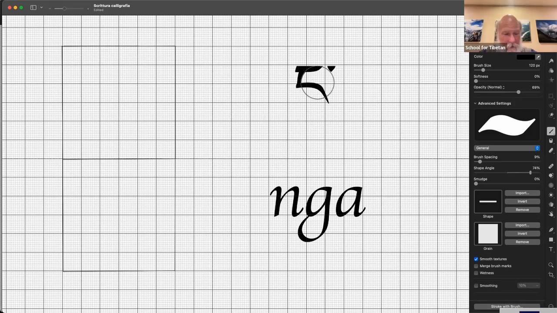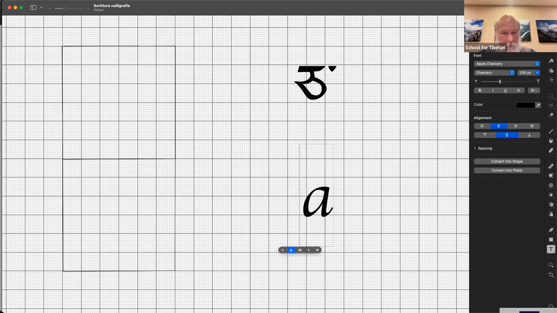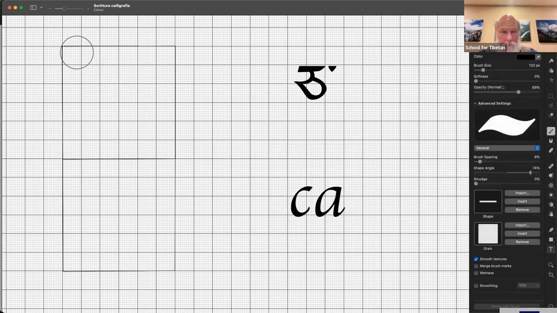And we will have a salute. We have the palatals. Cha. Okay. So this one has a top stroke of the shorter variety. It is justified to the middle, to the vertical middle of the square.